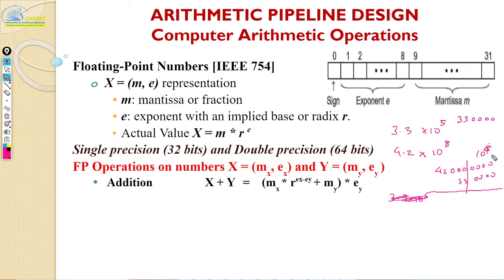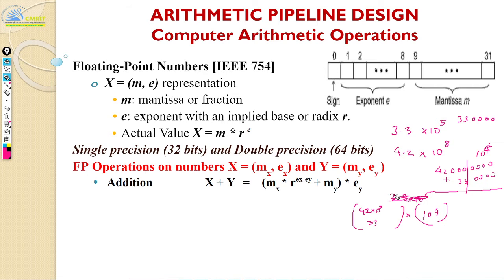If you take 10 power 4 out, inside you will have 42 into 10 power 3, and then you have your 33. So you can do this addition. It essentially becomes 42,000 plus 33, and then you take out the 10 power 4 outside.